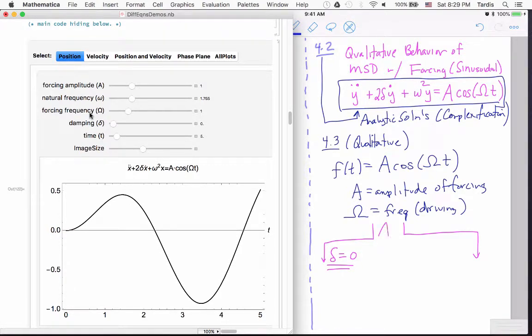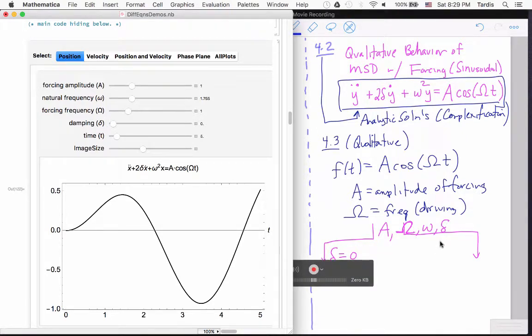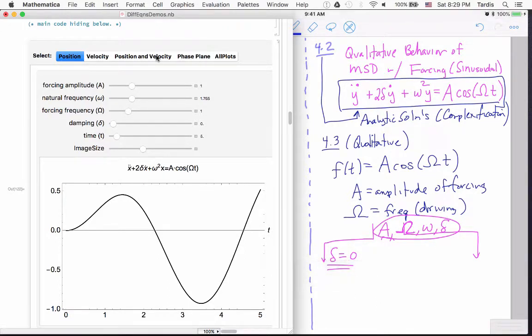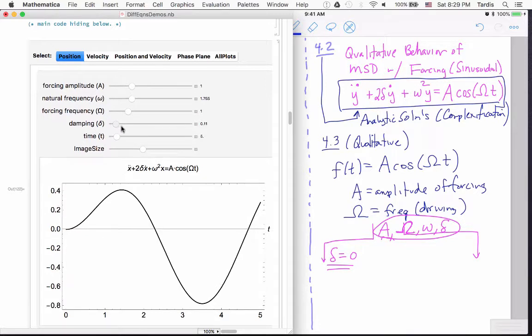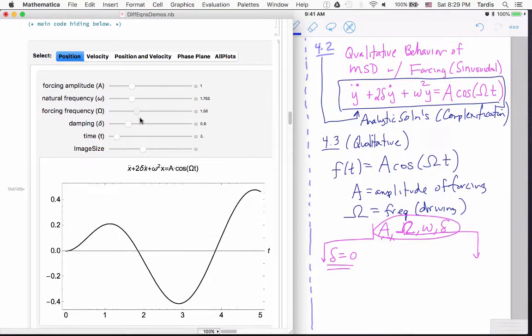We can change the amplitude of the forcing term, the frequency of the forcing term, the natural frequency of the mass spring system, and you can also control the delta term. Each one of those terms, A, capital Omega, little omega, and delta, becomes a slider bar that can be adjusted in this model.